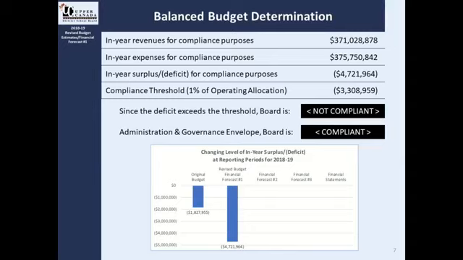The other compliance threshold is the administration governance envelope. The measurement criteria for this compliance calculation is as follows. The total expenses must not exceed the revenue available according to what has been allocated by the ministry for these purposes. With this forecast, the board is projected to reach this benchmark, and we expect to be fully compliant.